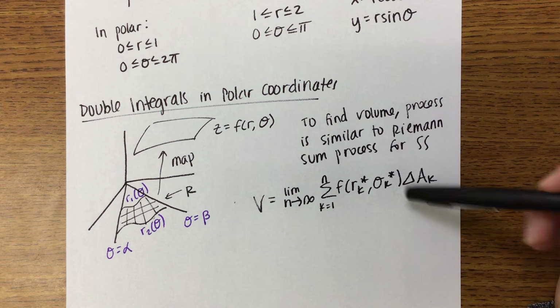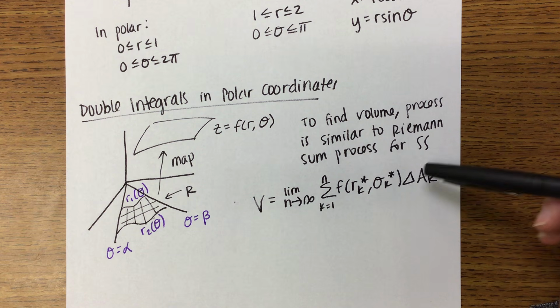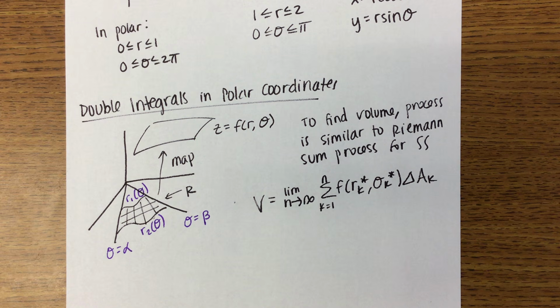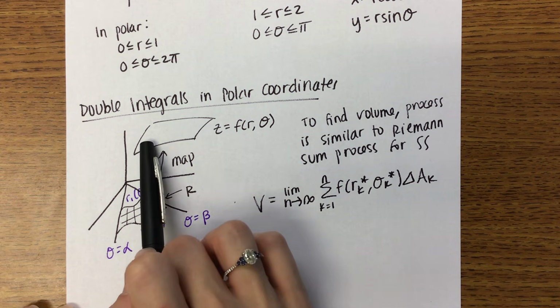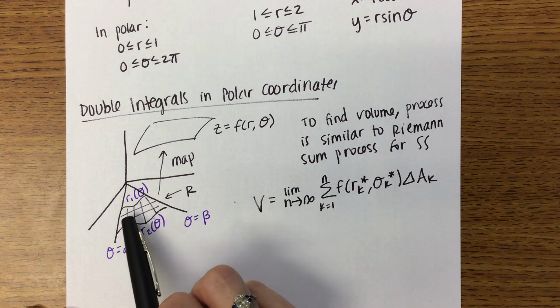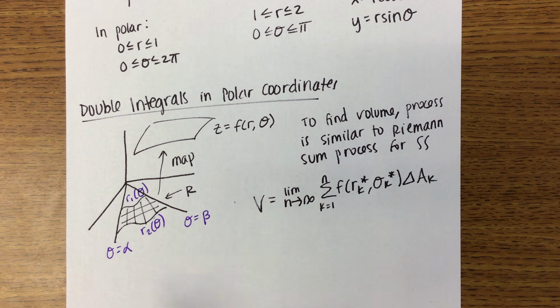What does the delta A sub k stand for? Right. So the idea is here we map it up, and do you remember forming the parallelepiped? Okay, and so we're finding the volume of each of those parallelepipeds and we're adding them all up.